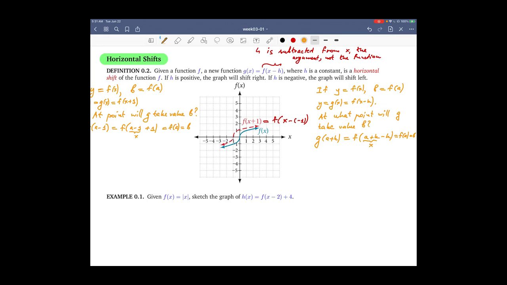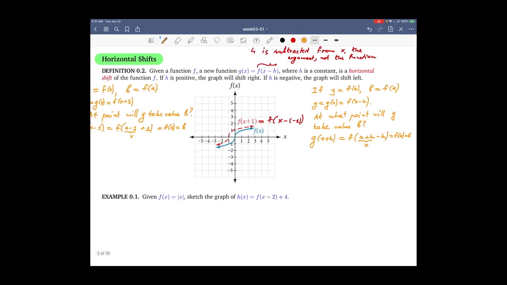Now, we see from here that when h is positive, we should move the graph of f to the left. And when h is negative, we should move the graph of f to the right.